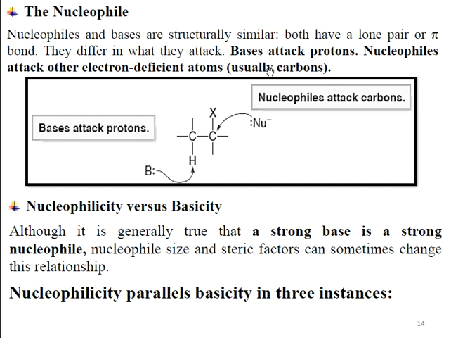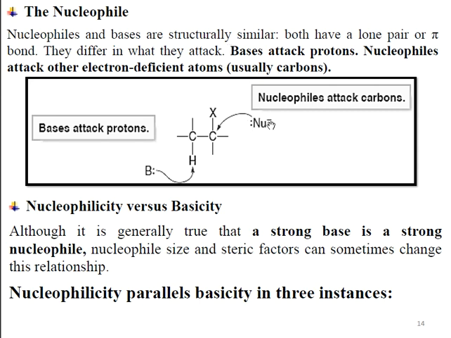You can write here partially positive carbon or positive carbon, carbon with positive charge or partially positive charge. Here is the difference. The bases attack a proton, but the nucleophile attacks carbon atoms. But any carbon atoms? Electron deficient carbon atoms.